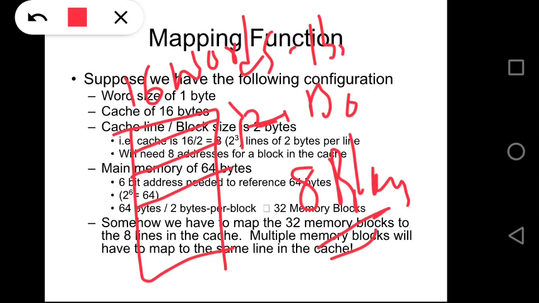These 32 blocks can be represented using 5 bits. So out of these 6 bits, 5 bits identify which block and 1 bit identifies which word: 0 means the first word in the block, 1 means the second word. That's it. This is the way of organizing the mapping function.